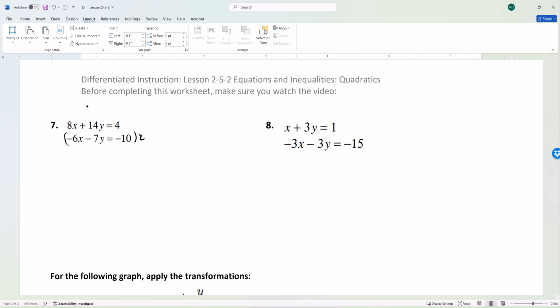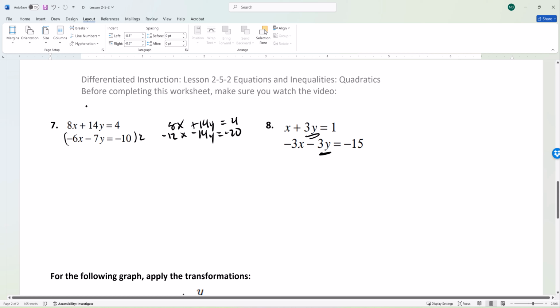Multiply this by 2, and so you're going to get negative 12x minus 14y equals negative 20, and then the 8x plus 14y equals 4. Okay, now they're opposites of each other. And then here the y's are opposites of each other, so we can just add them together.